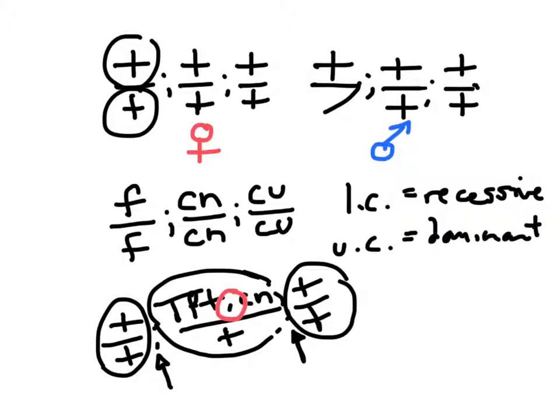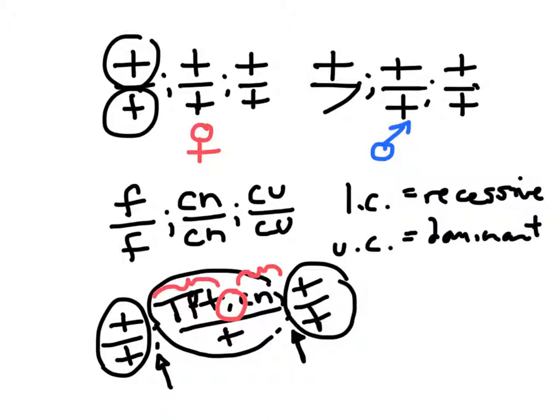So we've got the tuft gene and the cinnabar gene, both on the second chromosome. In this case, both are mutant because they're both shown. They're not just left out as pluses. If they were both normal, then you'd have a wild-type second chromosome, homozygous wild-type over wild-type.